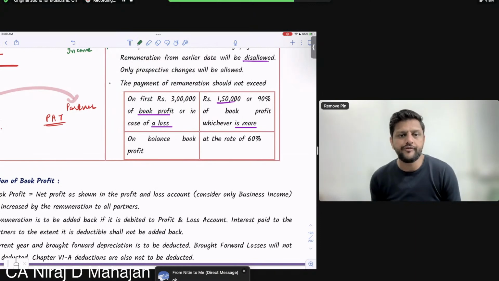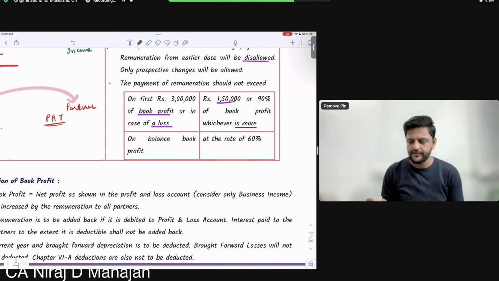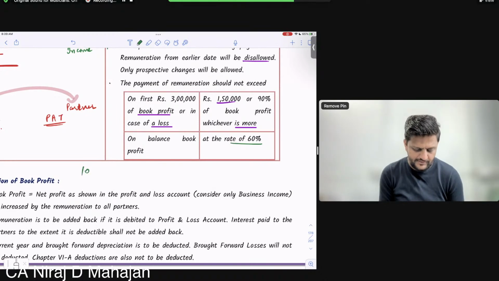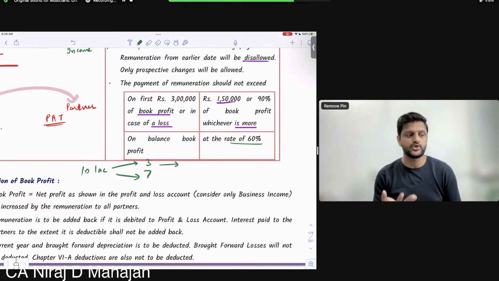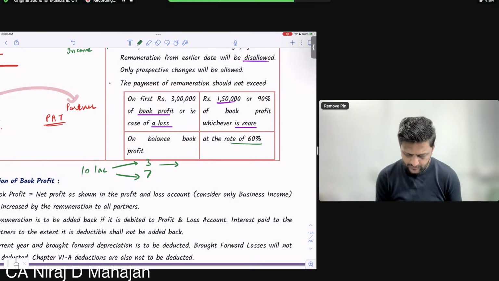And on the balance book profit, meaning whatever is over and above 3 lakhs, the rate is 60%. If I give you a very small example, let us take a total book profit of 10 lakhs. I will divide this 10 lakhs into 3 lakhs and 7 lakhs. In 3 lakhs, 90% of 3 lakhs will be 2,70,000.